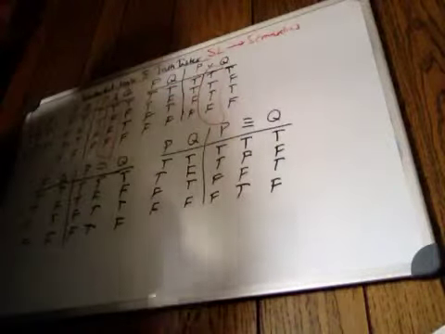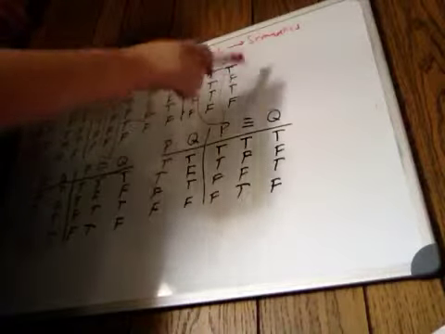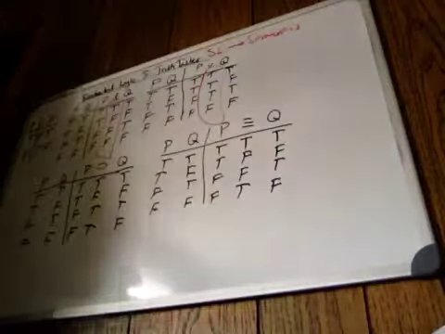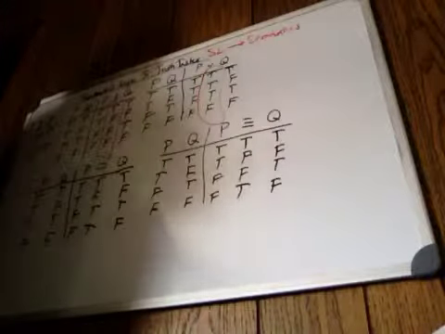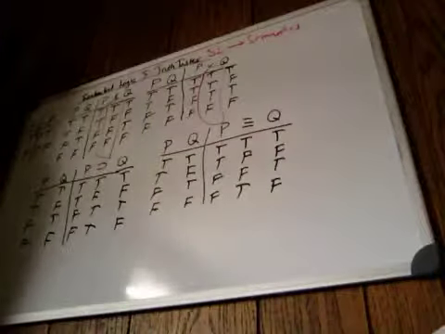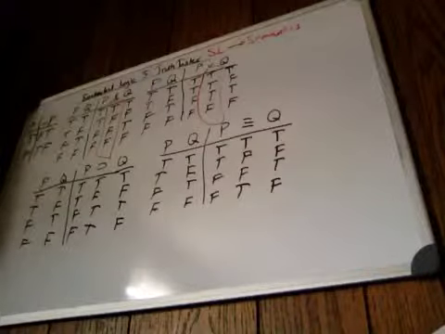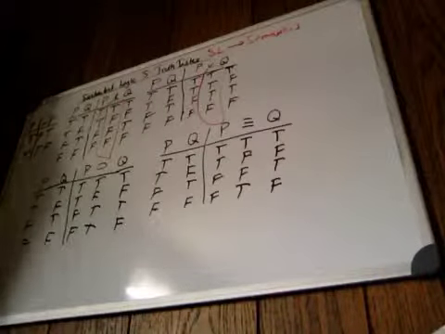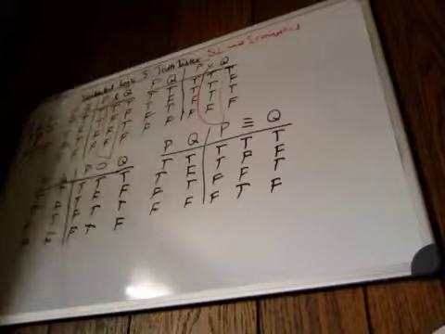T and F, T. F and T, T. But when they're both false, it's false. Because to reason through this, if you have "it is Tuesday or it is not Tuesday," that is true, because it is always either Tuesday or not Tuesday.